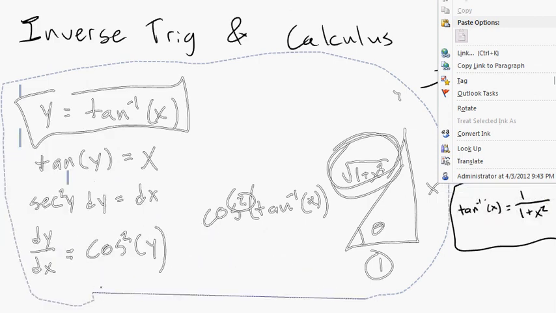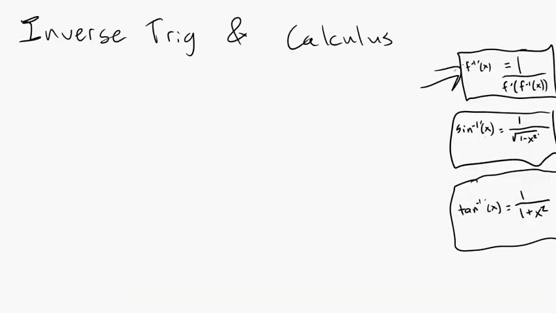OneNote's giving me problems. Secant inverse prime of x equals 1 over, what's the derivative of secant? That's secant tangent.